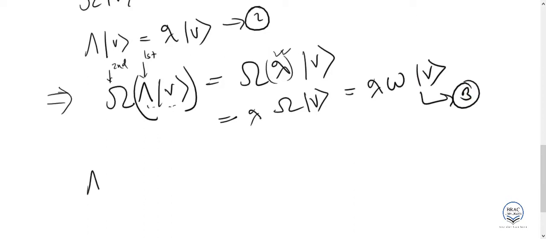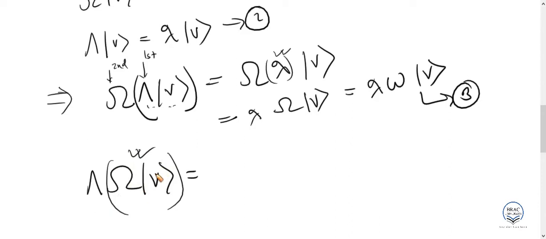And if you now do this lambda second and omega first over V, similarly enclose this one first. So this is how you should operate it when you have operators. You want to take the one that is on the left of the ket, and you want to go so on and so forth. That is omega first now, then lambda second. If you had another thing, that would be third, and so on.